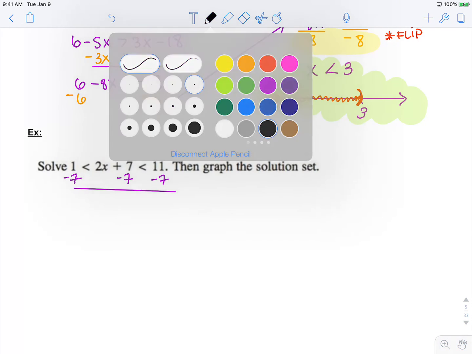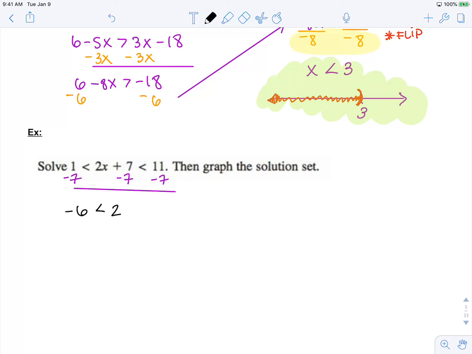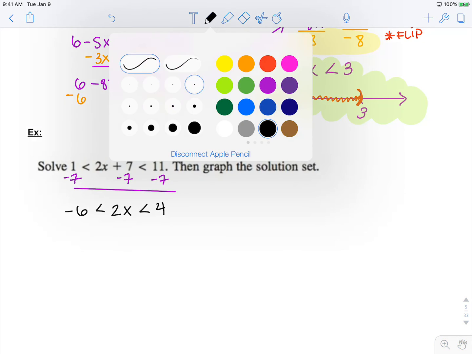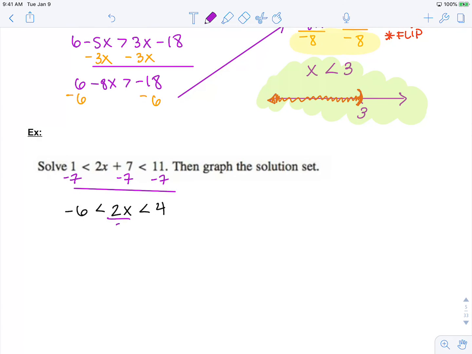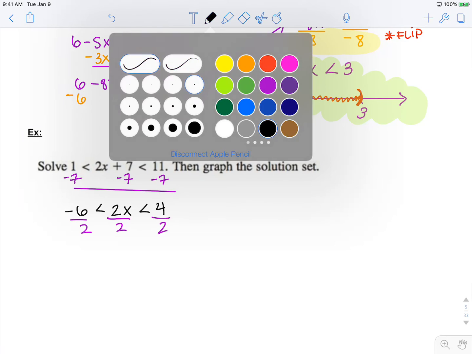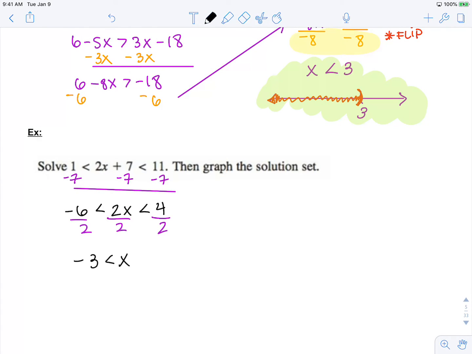And that makes negative 6 is less than 2x is less than 4. Now to isolate x, divide everything by 2. Negative 3 is less than x is less than 2.